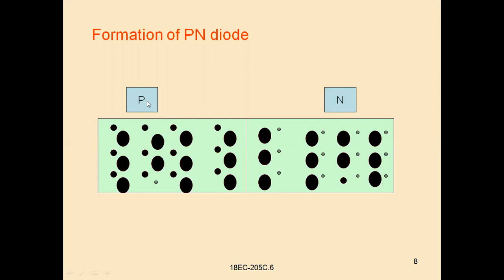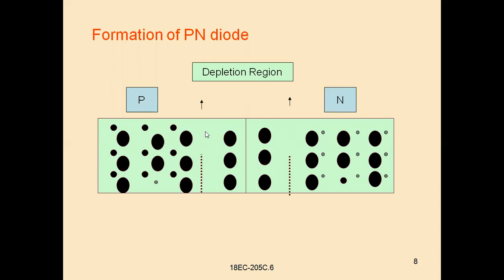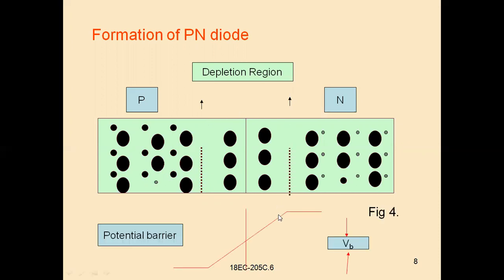So initially it is a P-type and it is a N-type. In P-type the majority charge carriers are holes, and in N-type the majority charge carriers are electrons. So these electrons are going to combine with the holes, right? And they are going to form the depletion region at the junction of this P and N-type. And there is a potential barrier, which is given as VB.